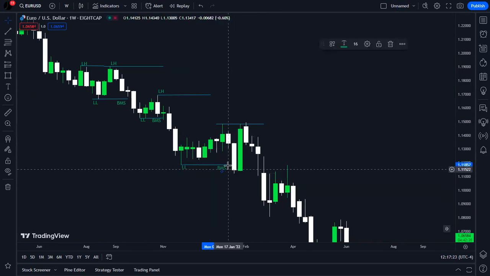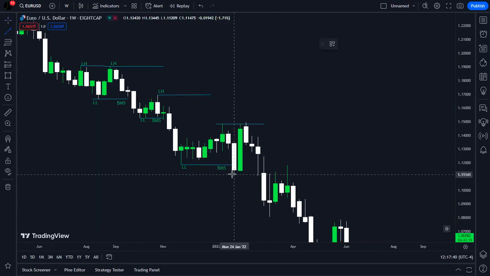After this breaks and crosses below this previous lower low, we have a new lower low down here. So, this is a new lower low right there.